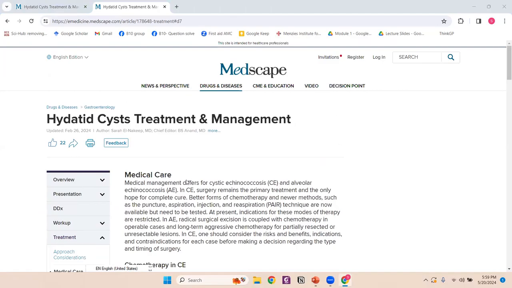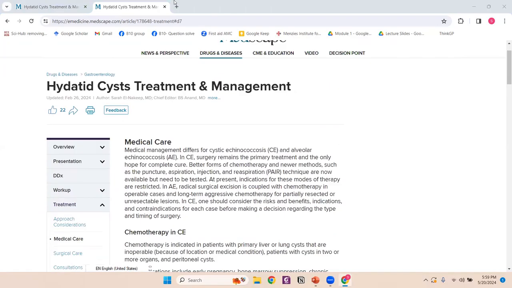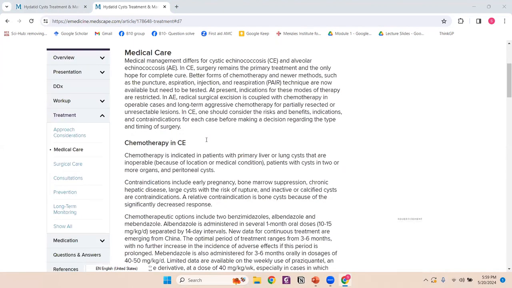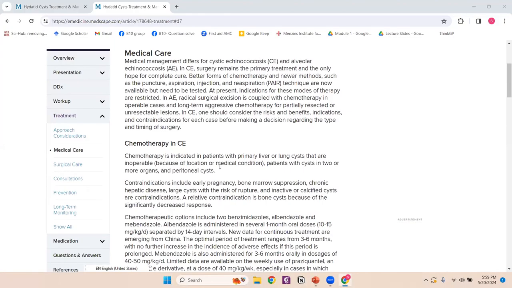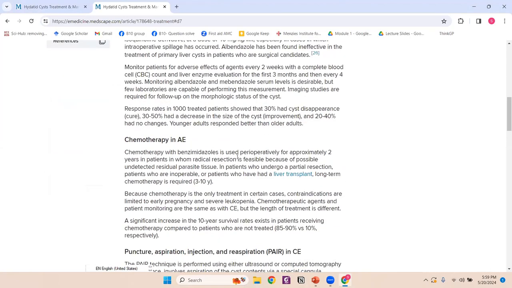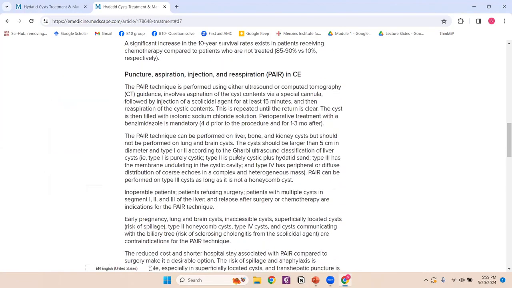Even that differs based on whether it's a cystic one or another type, which you can go through at leisure. Then you have chemotherapy, mainly for lung and liver cysts. That has different contraindications, which you can read at leisure.